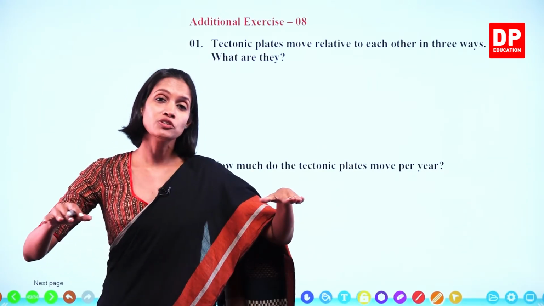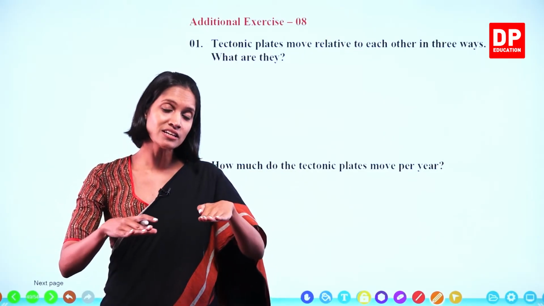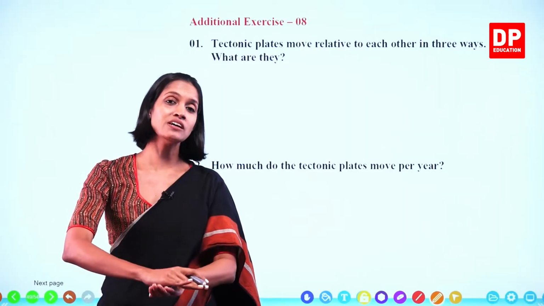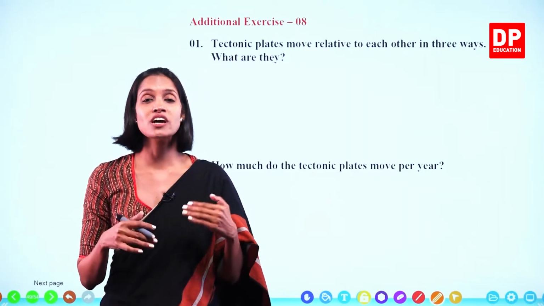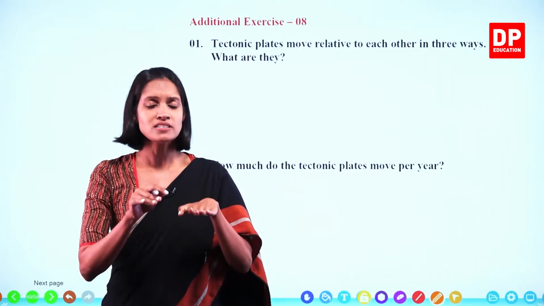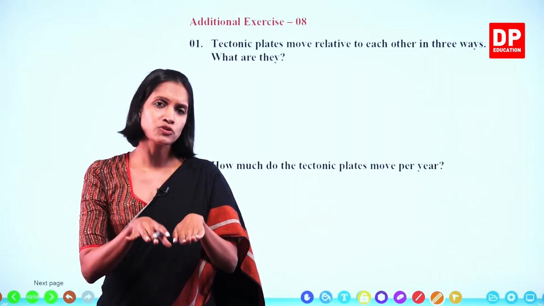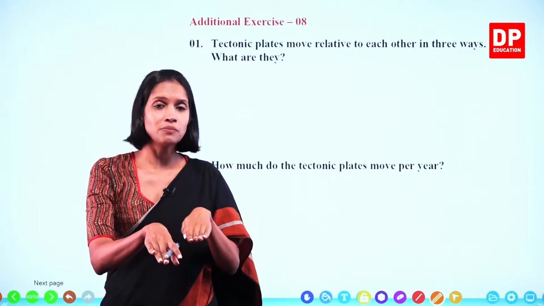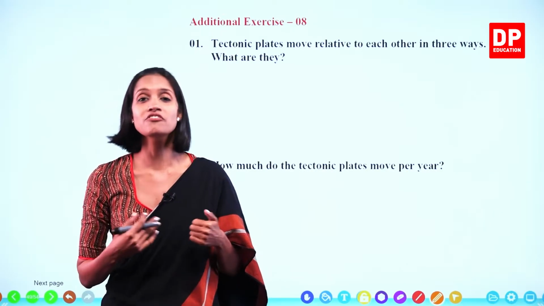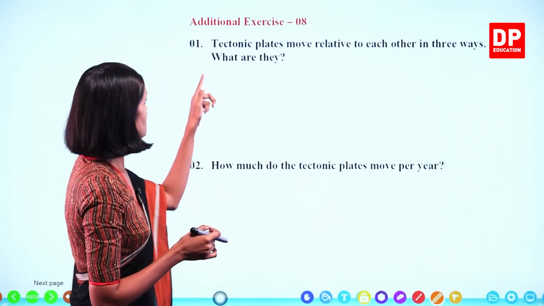Or the 2 plates move towards each other and they meet, and one goes over the other, pressing the bottom one down. This type of movement is known as convergent movement. And sometimes 2 plates close to each other can slide past each other. So these are the 3 ways of movement of tectonic plates, okay?